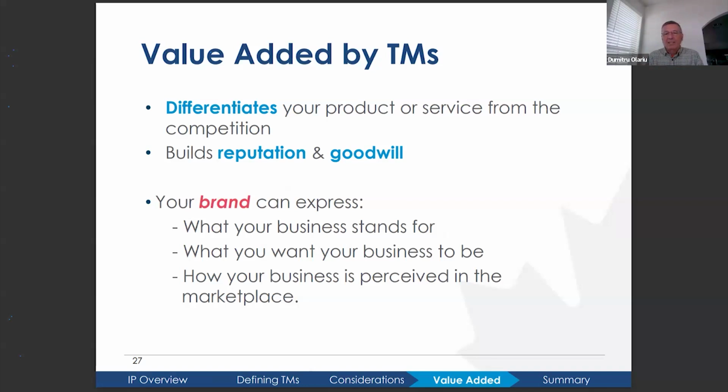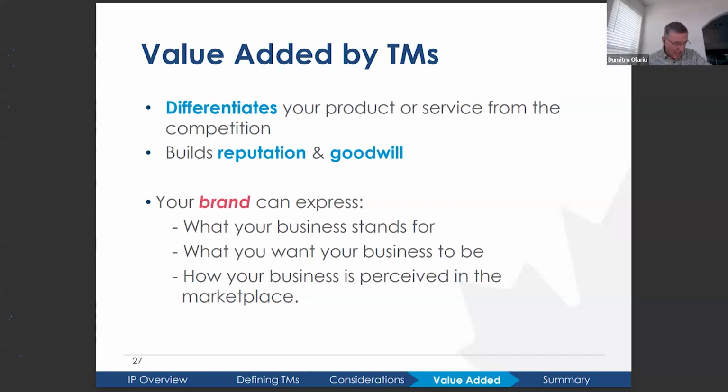So the brand can express much more than the trademark, expressing what your business stands for, what you want your business to be, like a high-end brand, or how your business is perceived in the marketplace. So that would be, in summary, the value added by trademarks to the value of the brand.